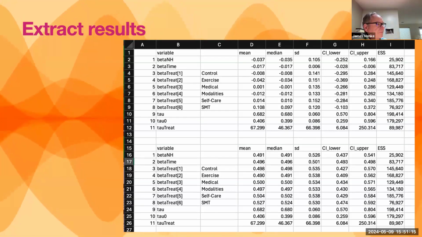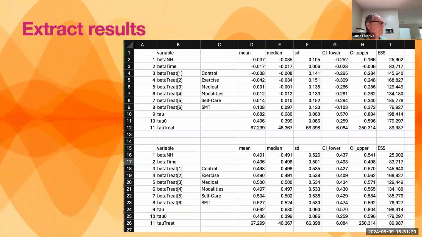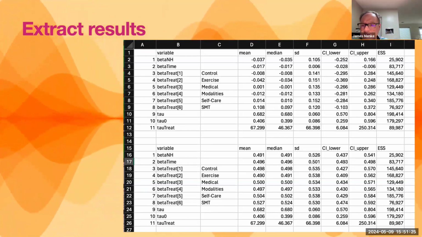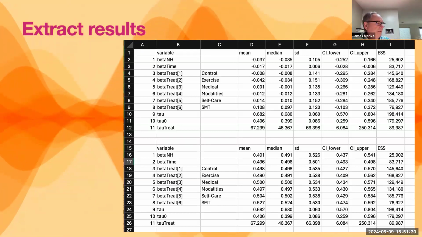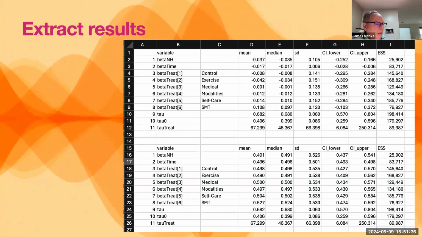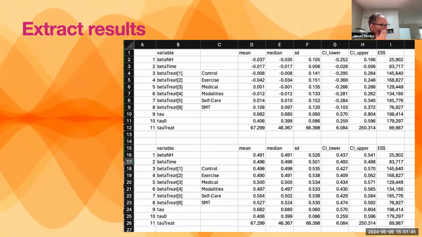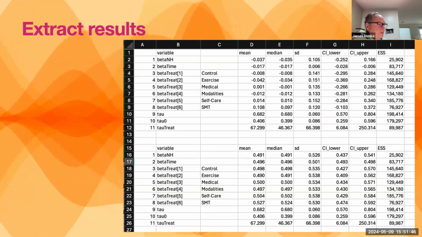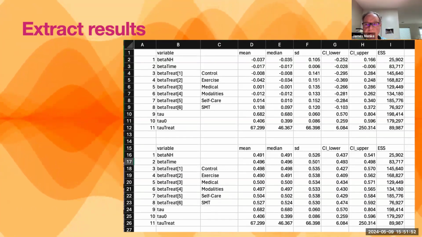And anyway, you end up with this. This is the top paragraph from through row 12 for the log odds of the findings of the posterior probabilities, and 15 through 26 are those log odds converted to probabilities. So I put in the names of the treatments there: control group, exercise, medical management, modality, self-care, and spinal manipulative therapy.